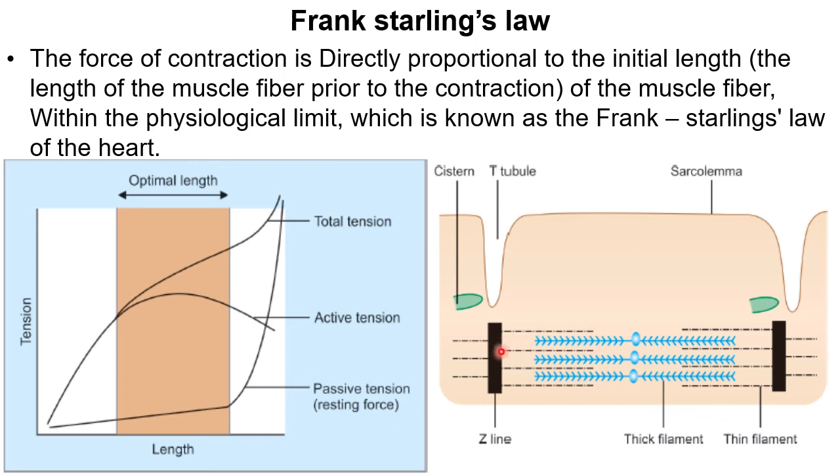So the Z line would be moving, apparently, for a greater distance, as the initial length between these two subsequent Z lines is increased. As they move more, there is better contraction.